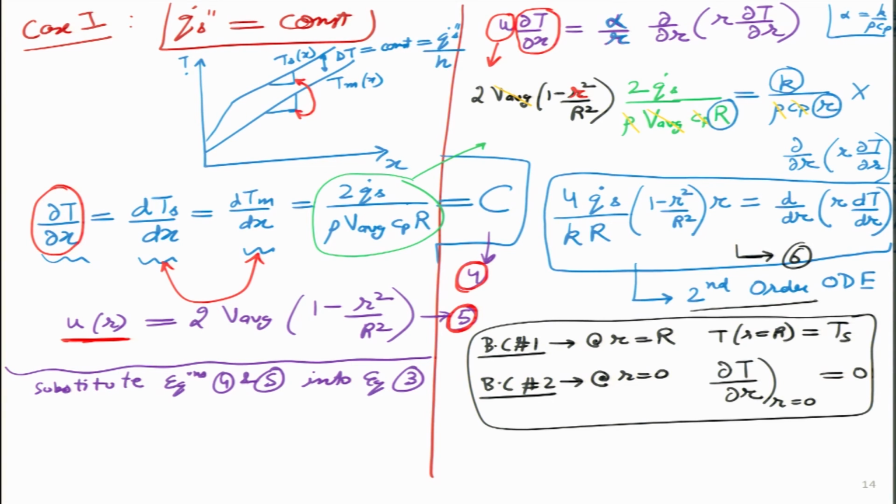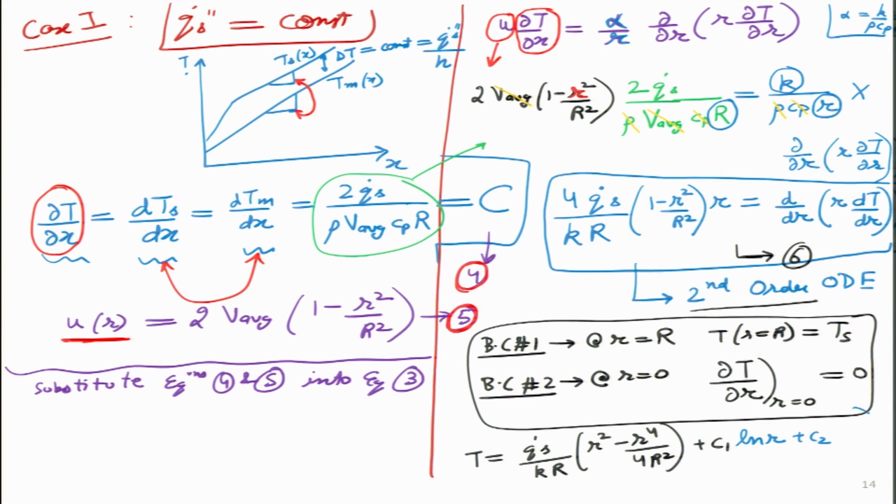So equation 6 I can solve with the help of these two boundary conditions, and this exercise I will leave to the students because solution will look something like this. I can just share the rough solution. Q dot S divided by k into capital R bracket r square minus r to the power 4 divided by 4R square plus C1 log r plus C2.